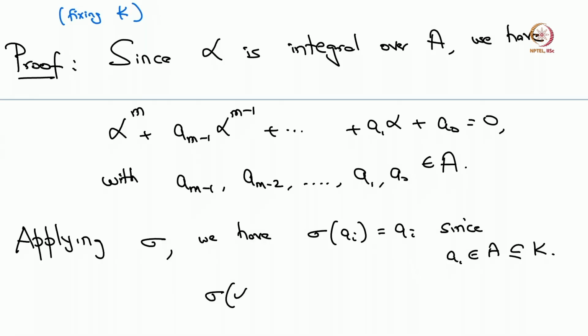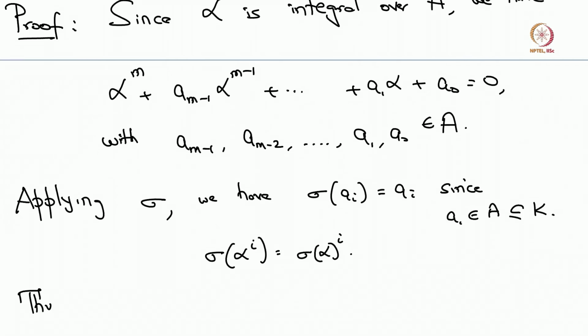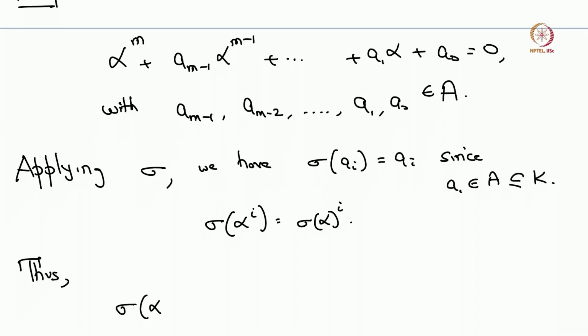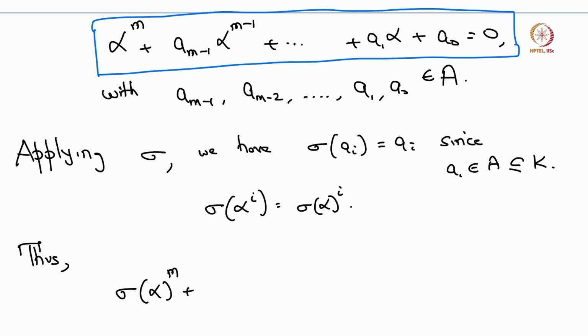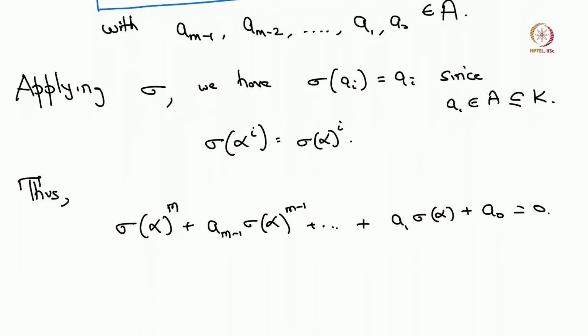If you apply sigma to alpha to the i, you get sigma of alpha to the i. So once you apply sigma to this equation, we get a new monic equation over A satisfied by sigma of alpha, and if you stare at it a little bit, you see that it's in fact the same monic equation.